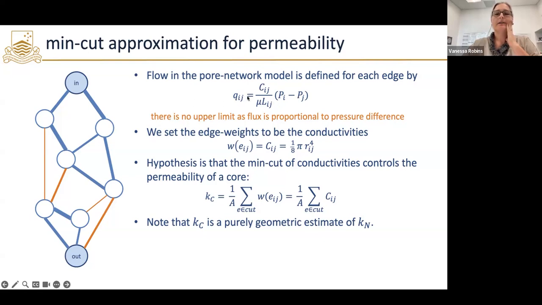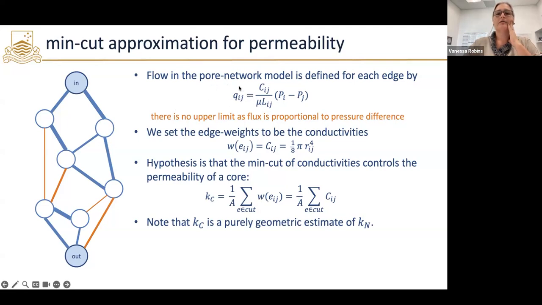So I'd just like to point out that we're using this max flow min cut idea not in its strict sense, because we know that the flow in a pore network model is unbounded, yeah?